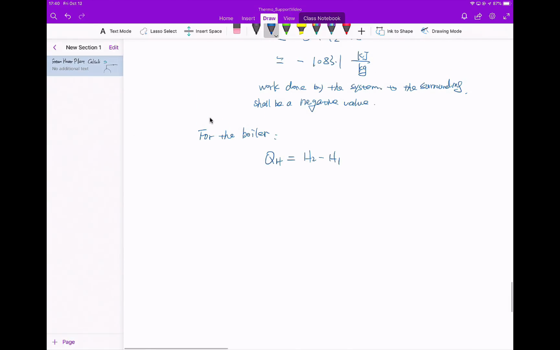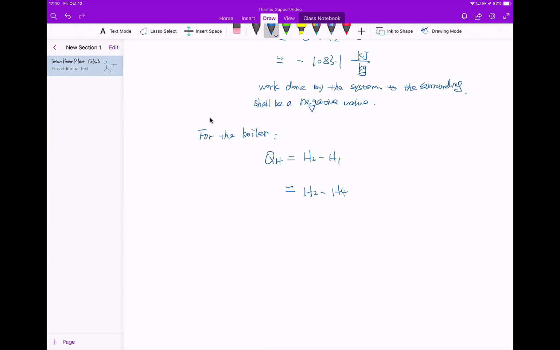So this is H2 minus H1, which is H2 minus H4.